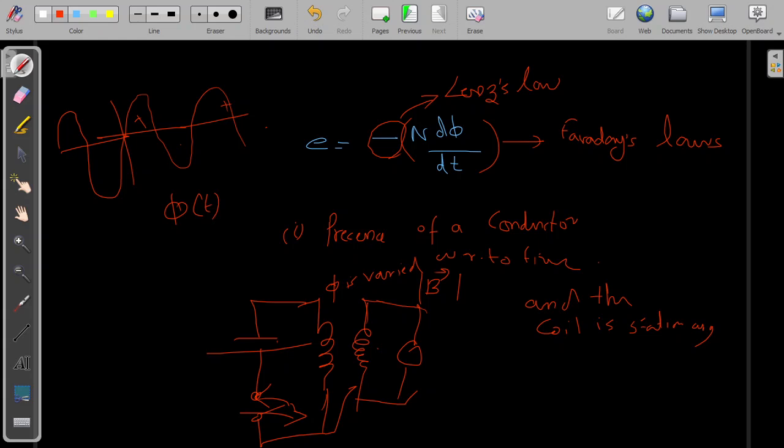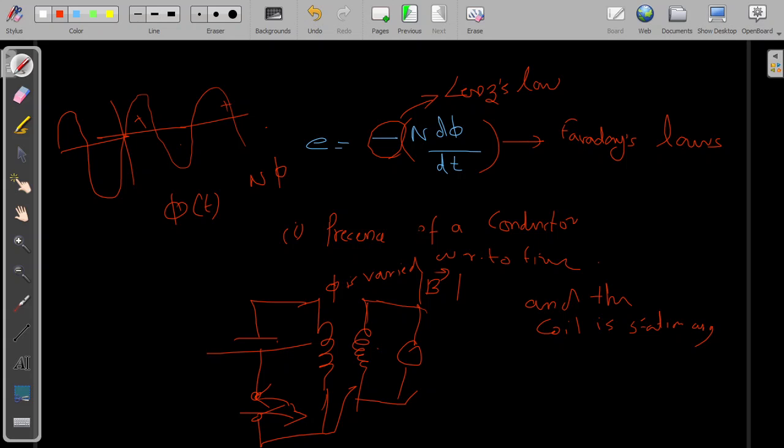Phi of t is a function of time, so that the flux linkage, that is N phi, associated with the second coil is also varied. So the condition for the induced EMF is satisfied, right? So an induced EMF is produced in the second coil.